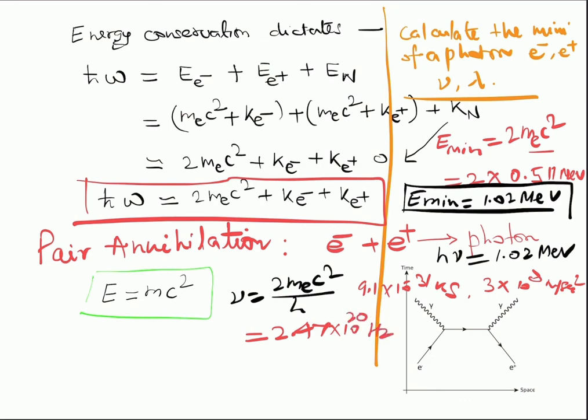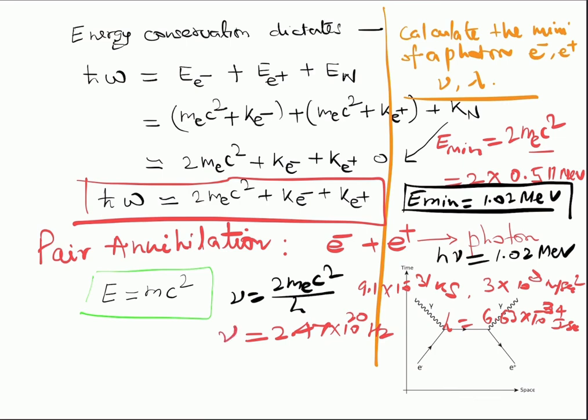We have used the value of Planck constant h equal to 6.63 into 10 to the power minus 34 joule second.